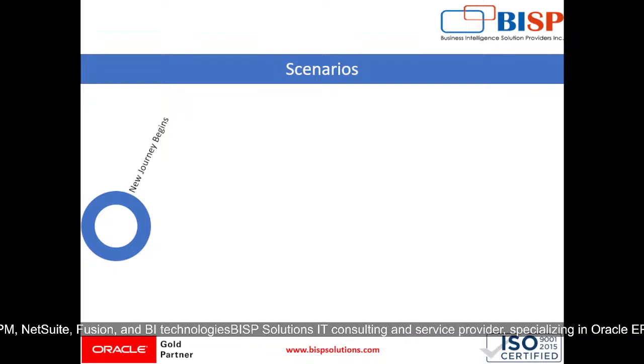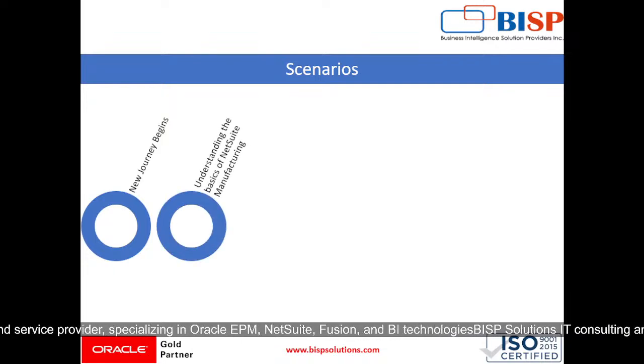Arjun was excited but also a little nervous. Where do I even start, he wondered. That's when Arjun decided to take it step by step, so that Ravichandran could understand it easily and with clarity. The second step he took was understanding the basics of NetSuite manufacturing.